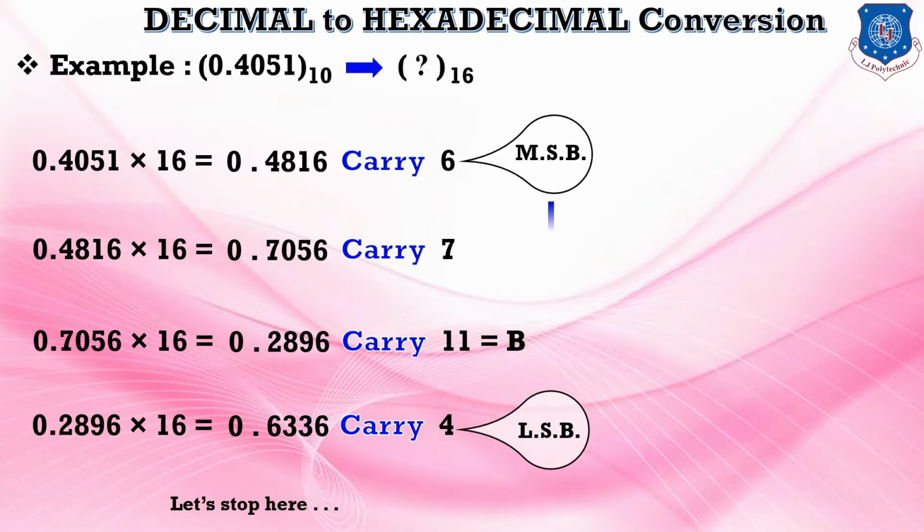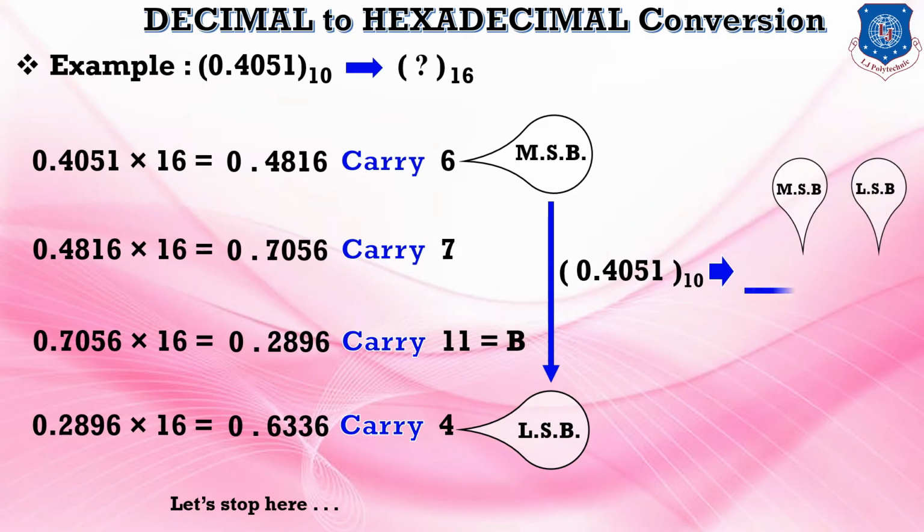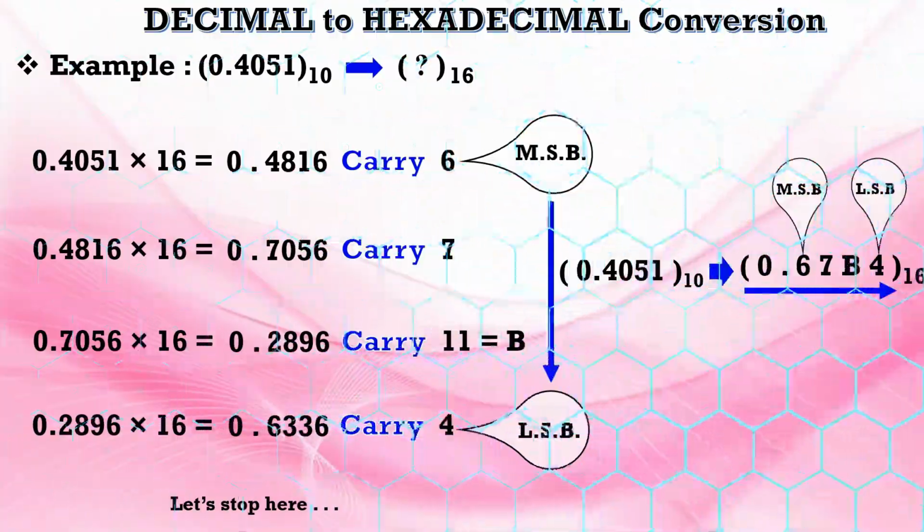Here, the arrow indicates the position of digits for the answer. As you can see here, 0.4051 is converted into the hexadecimal number 0.67B4. Here are some more examples for your self-assessment.